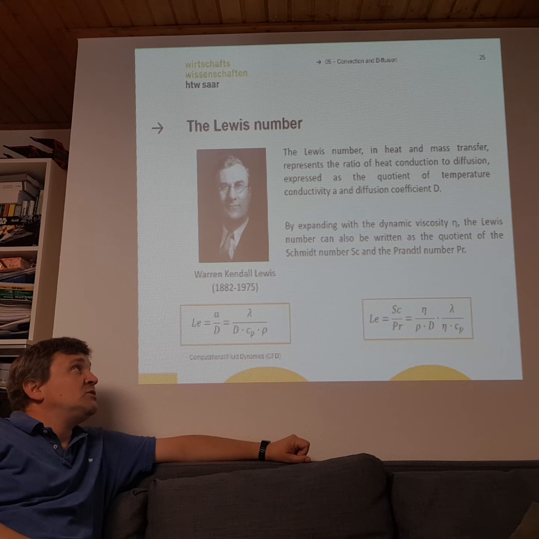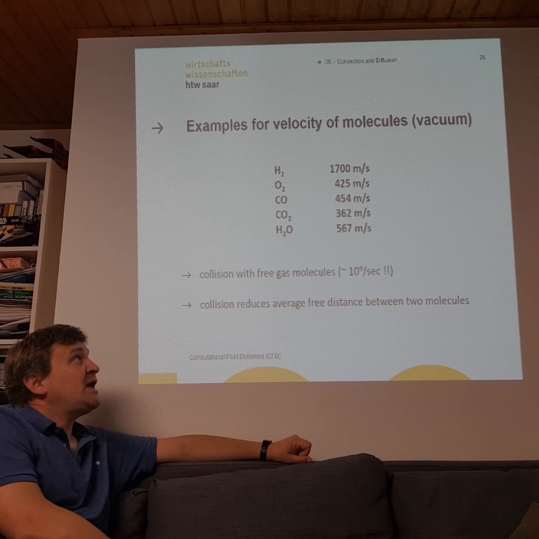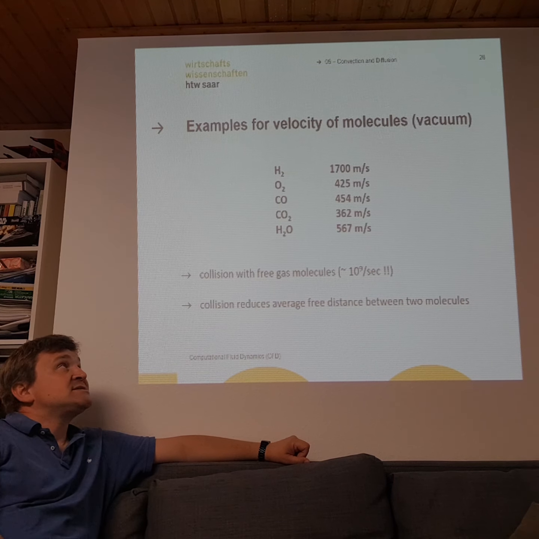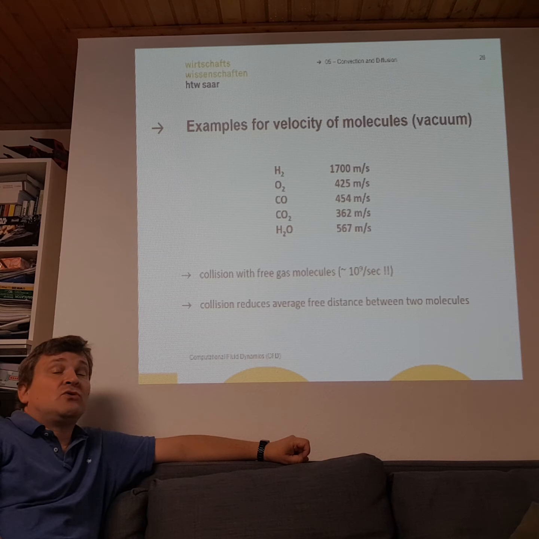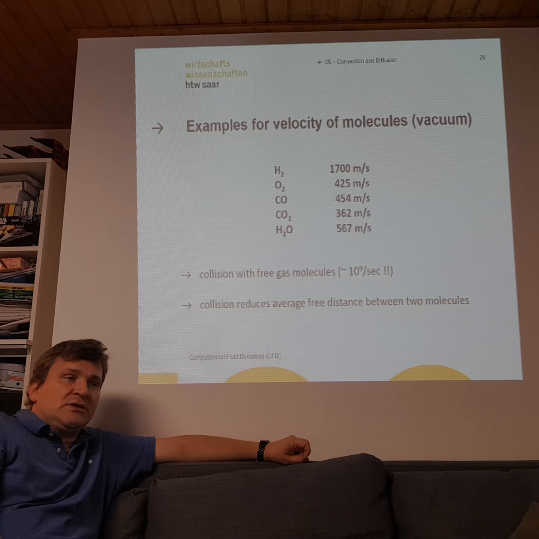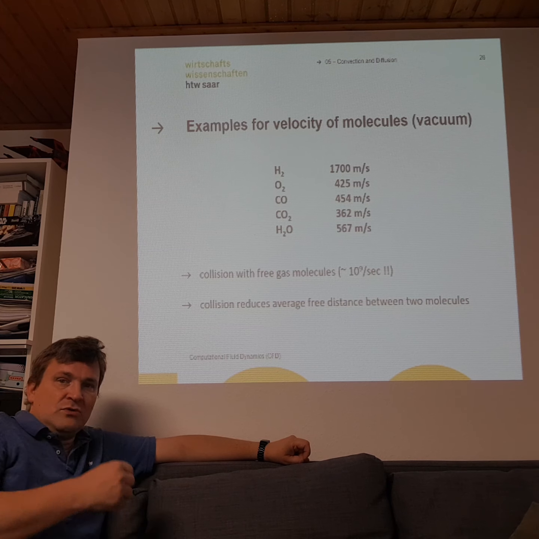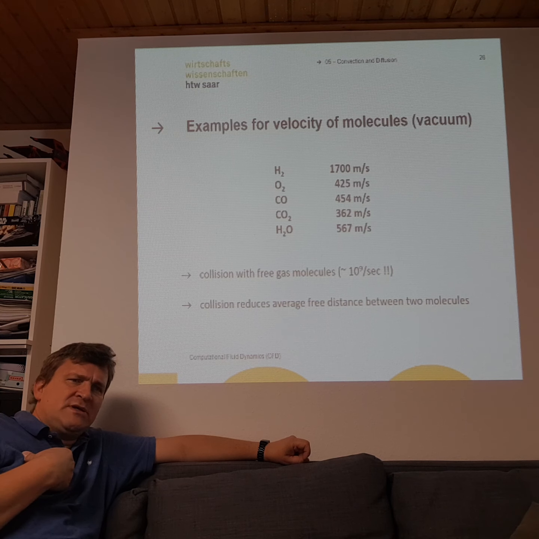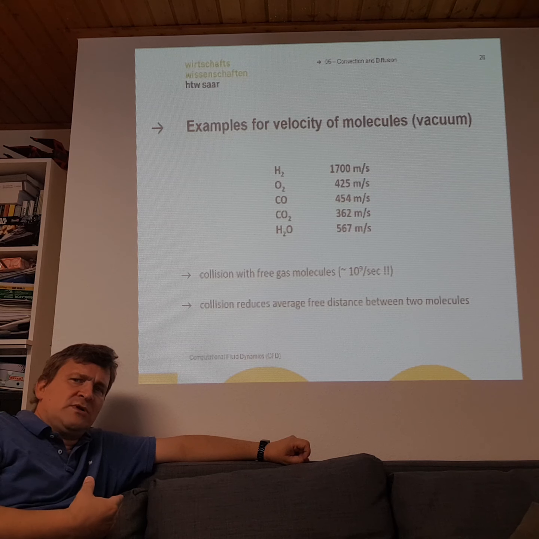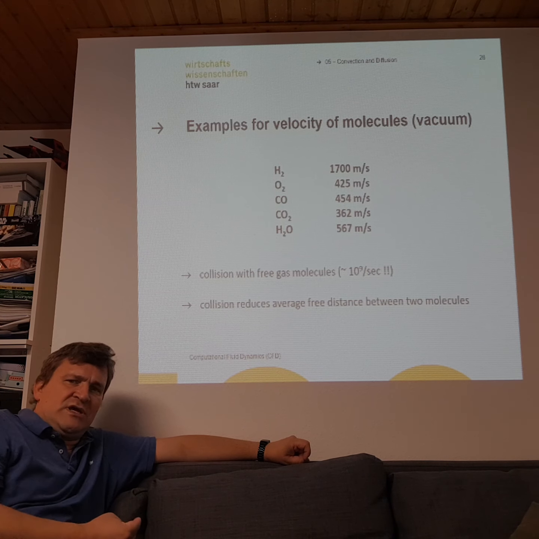That's the so-called Lewis number, and here we have also an example of diffusivity, of the velocity of the molecules. I told you hydrogen is a really fancy new fuel for cars. In my opinion, hydrogen will be the next generation after the electrification of cars.